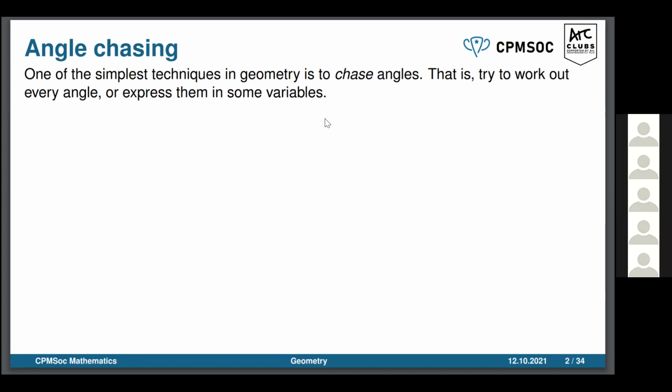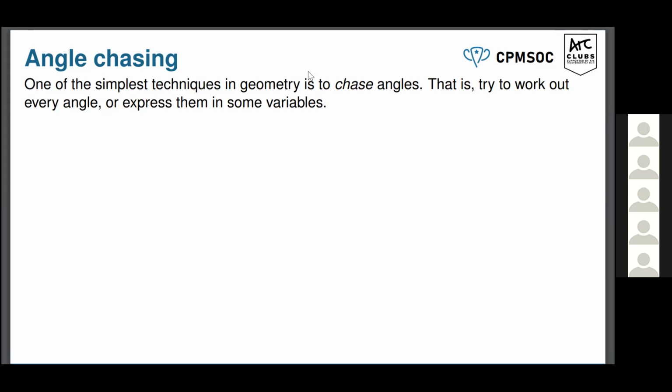And then what you want to do first is try to get as many angles as possible so that hopefully you'll get some useful information and hopefully that helps you approach the question better.